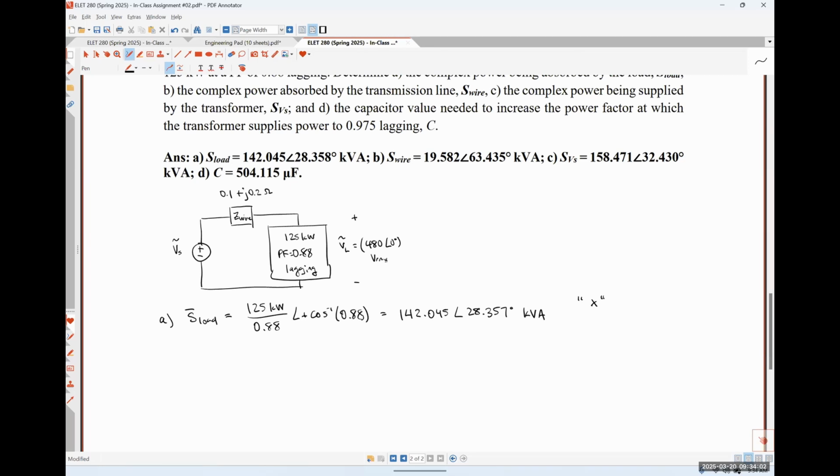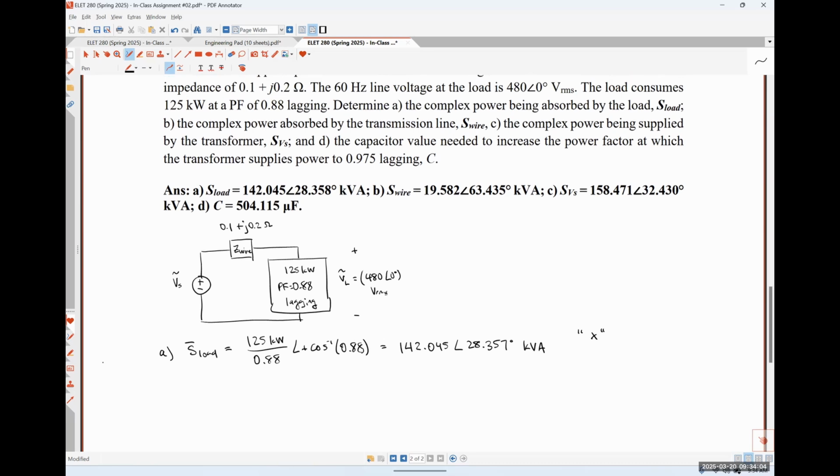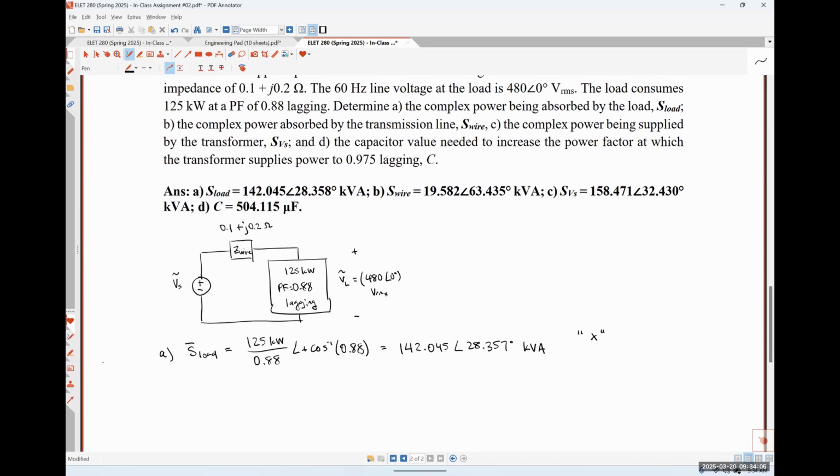Okay. So we answered part A. Everybody, I hope, is catching what we're throwing there because we've done that so many times today. For part B, we're trying to find the complex power absorbed by our transmission line.